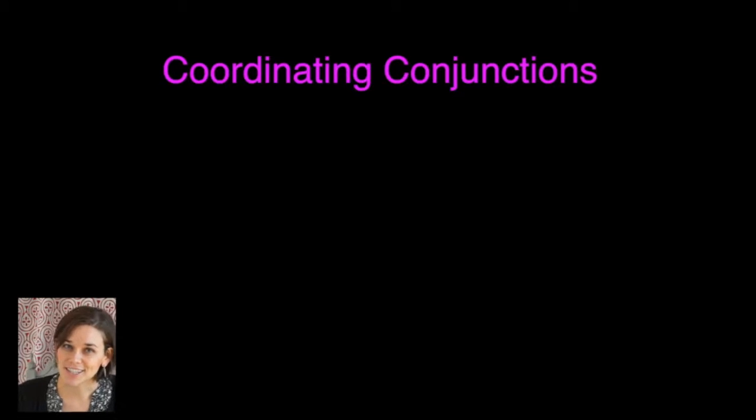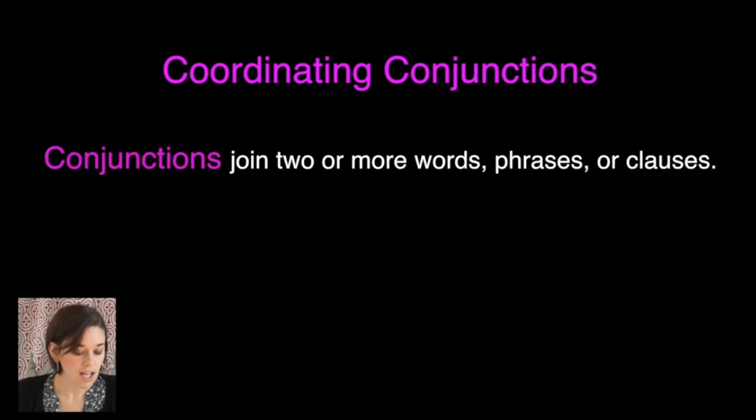In lesson 13, we will be studying coordinating conjunctions. And conjunctions are words that join things together. Conjunctions are another one of the parts of speech. And here's the definition. Conjunctions are words that join two or more words, phrases, or clauses.